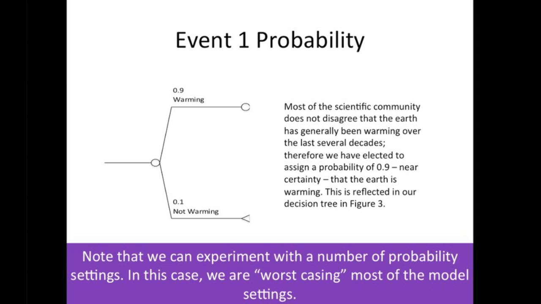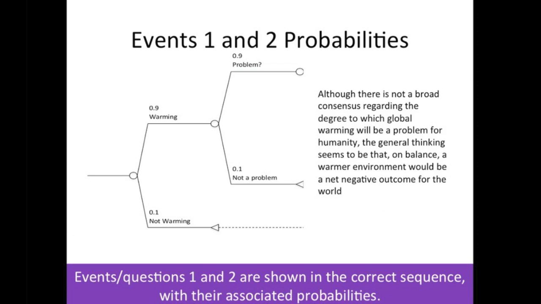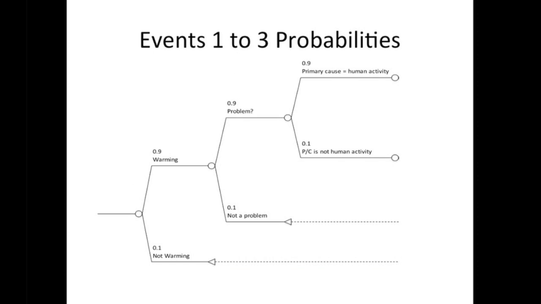Note that we're also worst casing question number 2, which is, although there's not broad consensus regarding the degree to which global warming will be a problem, the general thinking seems to be that it's going to be a problem, so we worst cased event number 2 as well, giving it a probability of 0.9.